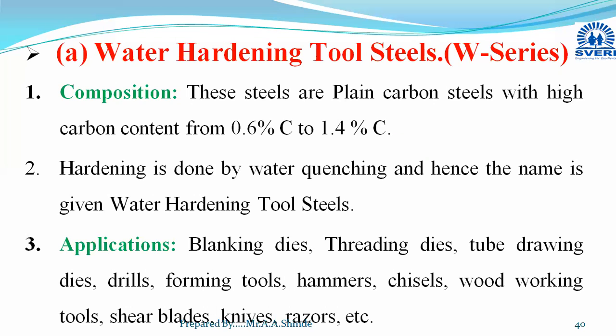These are the limitations, two or three limitations I have explained, and to overcome them in water hardening tool steels, we are going to add chromium, vanadium, or molybdenum in small amounts, so that these drawbacks will get eliminated.